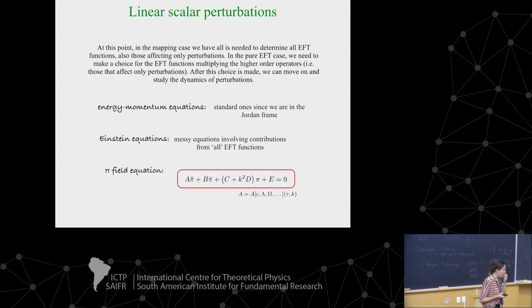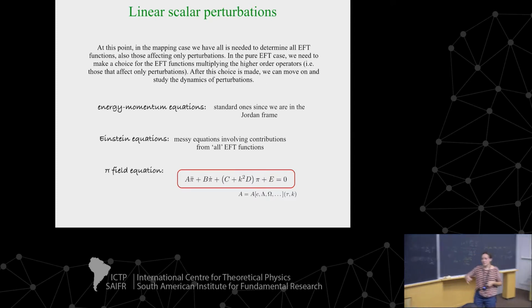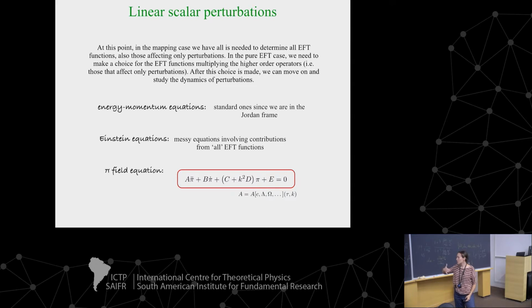For instance, f(R), because the mass of the scalar goes to very high values, and it enters as a sort of 1 over m squared, multiplying the higher order terms in the derivatives in your equation for the scalar field, it basically gives high frequency oscillations that are harmless for your observables, but they are a pain for the stability of your code.